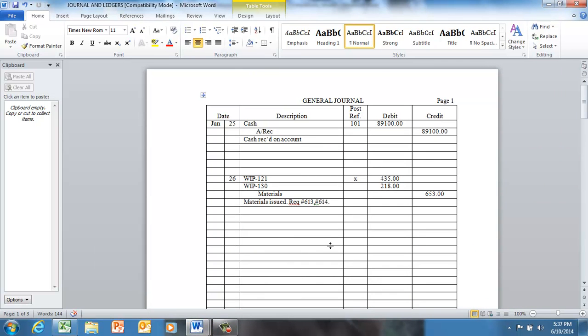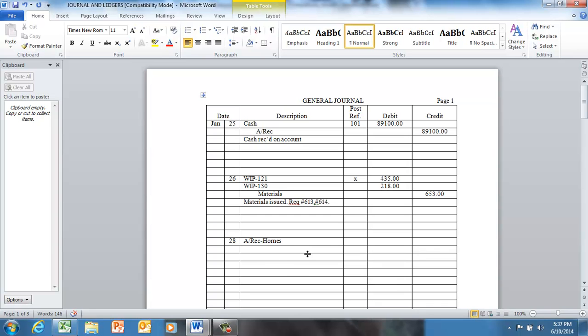I'll skip down here. This is on the 28th, and I'm going to be debiting accounts receivable, Horns. Now, of course, in real life, you would have an accounts receivable subsidiary ledger, and you would have to debit this amount to Horns' own account in the subsidiary ledger.